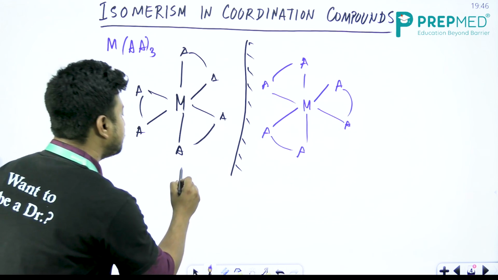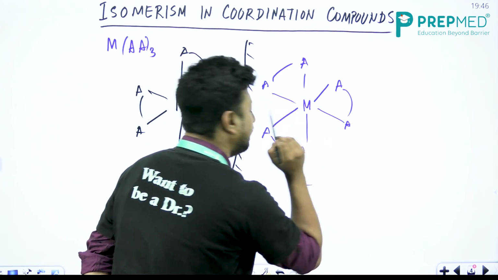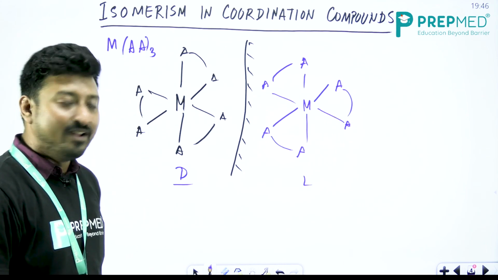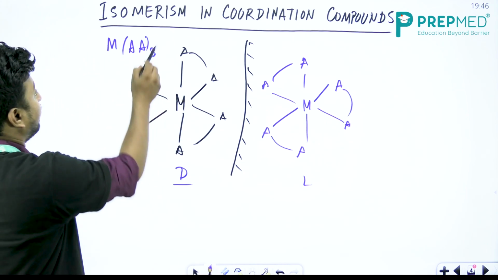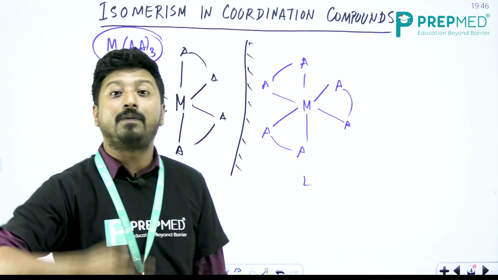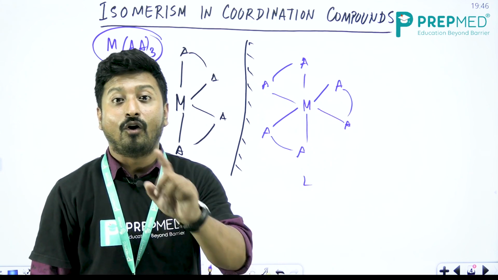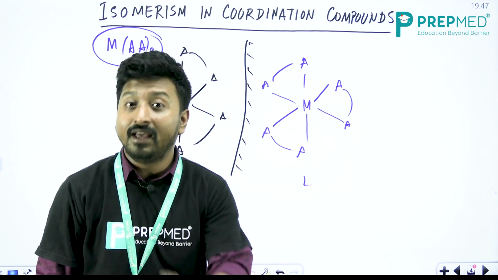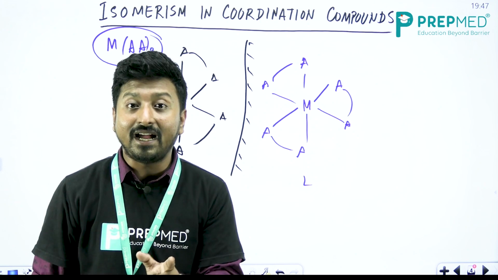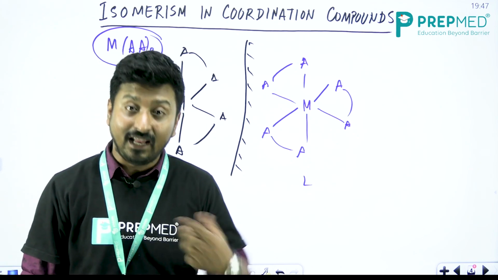So if this molecule is my D isomer, then this molecule will be your L isomer. So what we can say is that for the MAA3 complex, that is a metal having three bidentate ligands, it will always be optically active, but it will not have any kind of geometrical isomers. So it will have D and L isomers.